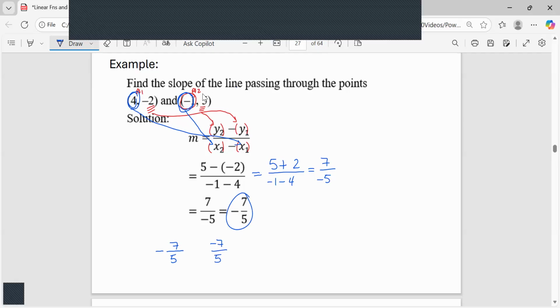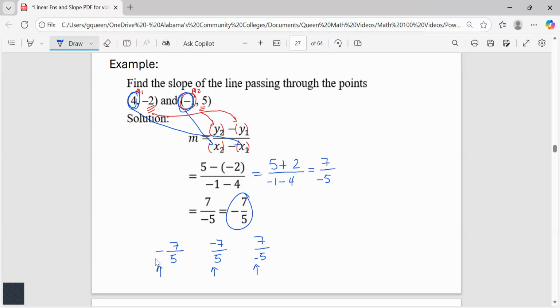Or I could put the negative sign down where the 5 is and make it -5. And I would read this -7/5. It doesn't matter if you put the negative sign with the fraction bar in the numerator or in the denominator, but you got to put it somewhere. You don't want to put it in both the numerator and denominator because then the negatives would cancel out and you would have positive 7/5. So just be careful in how you're writing stuff down.